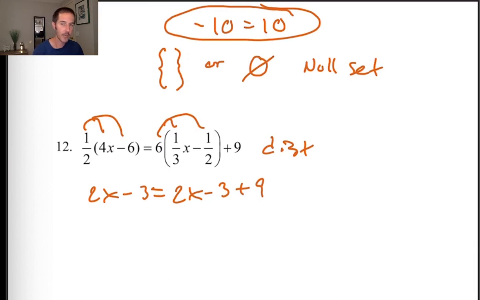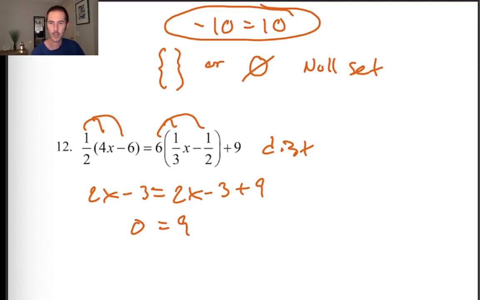Subtract 2x from both sides, those will disappear. Add 3 to both sides, those will disappear. So on the left-hand side, you're going to have 0, and on the right-hand side, you're going to have a positive 9. Yet another contradiction. So this equation has no solution.